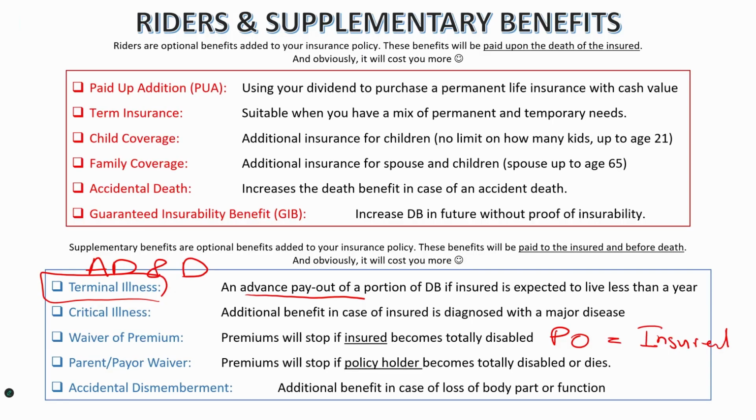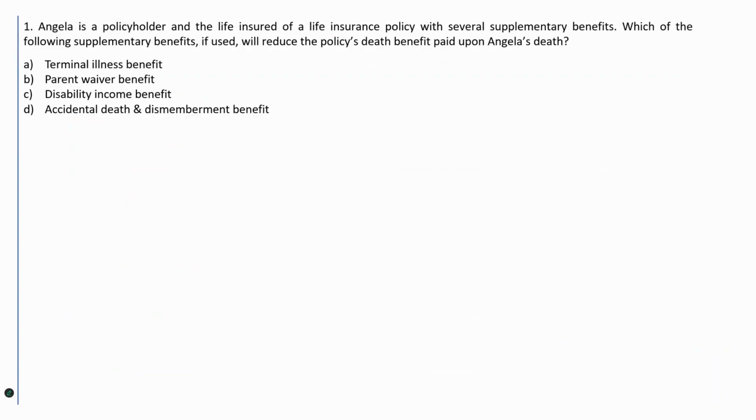The critical illness is additional. Waiver of premium, well, there's no reduction in the death benefit. Accidental dismemberment is again an additional benefit, right? So even in these riders, none of them are going to reduce the coverage. It's only terminal illness, or they call it living benefit as well sometimes.